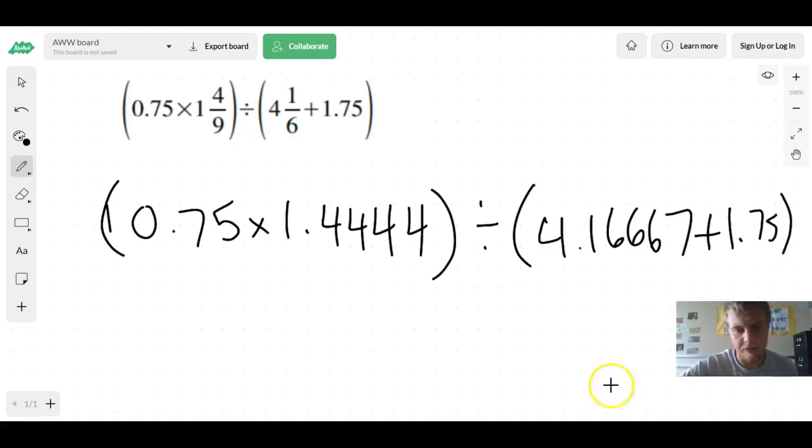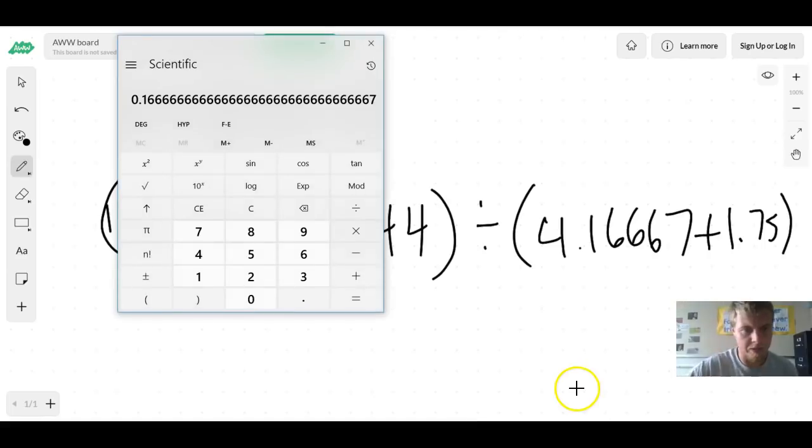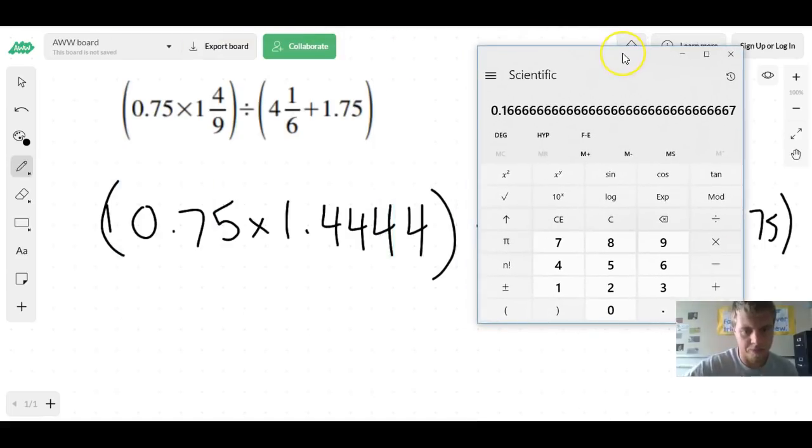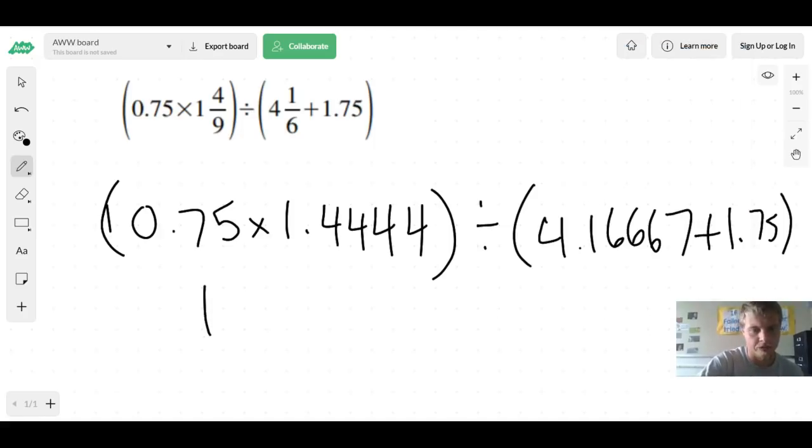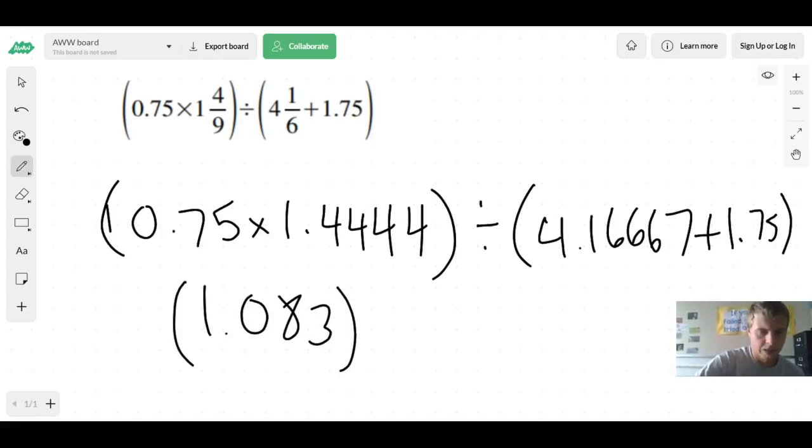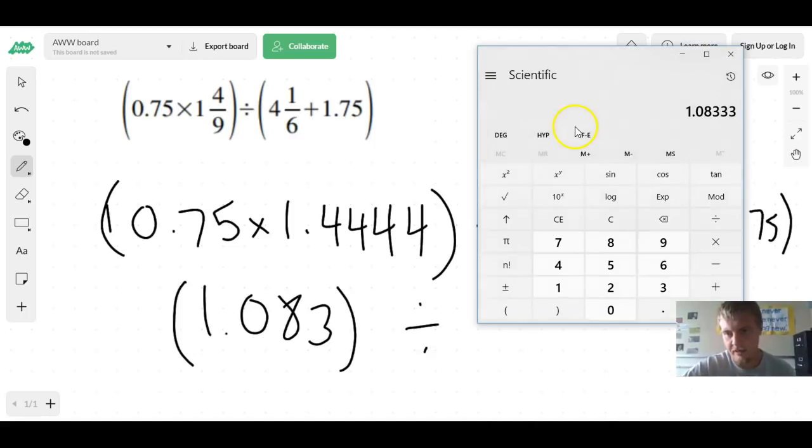Let's do what's inside the parentheses first. So we'll multiply this side out, which would be 0.75 times 0.4444. So that's 0.333. Let's just go to the thousandths place for that one. This is going to be divided by, and then we have to add this side.